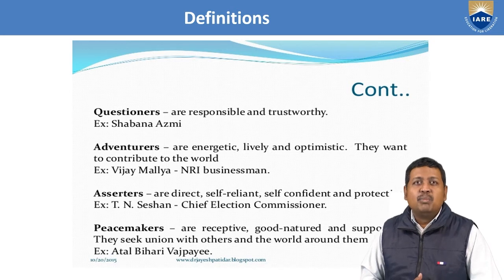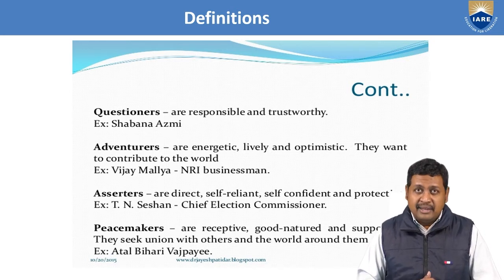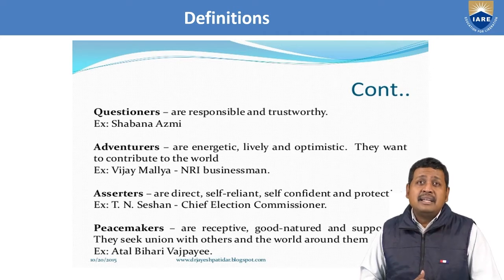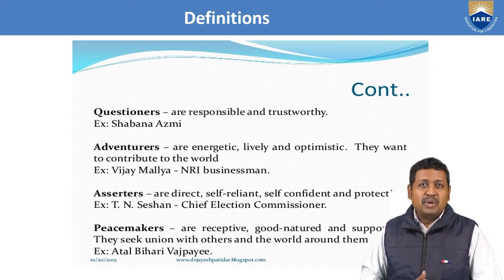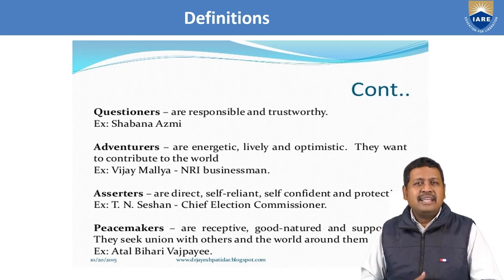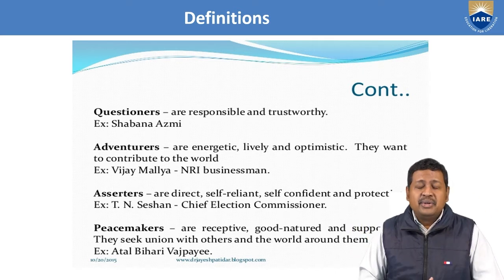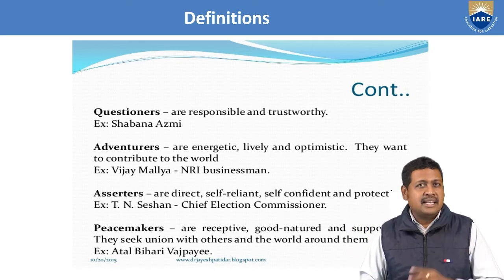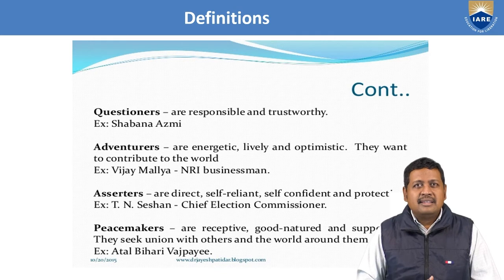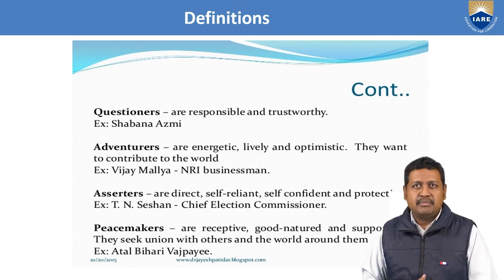Probably we can take Mukesh Ambani, the son of Dhirubhai Ambani, whereas his brother Anil Ambani is a flop in his business. Mukesh is all cash, right? One of the great adventurers, and he's very energetic. He doesn't go back in taking challenging decisions. He has now come up with these networks. So a very optimistic kind of person.